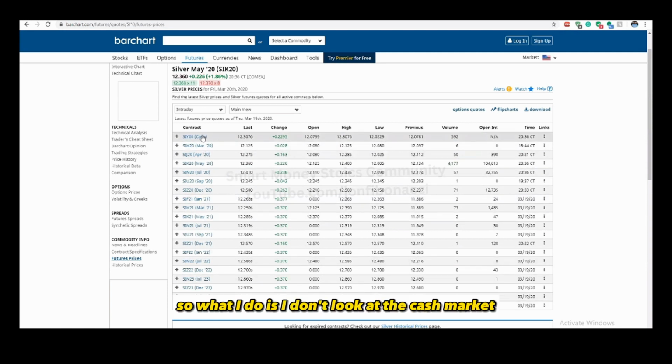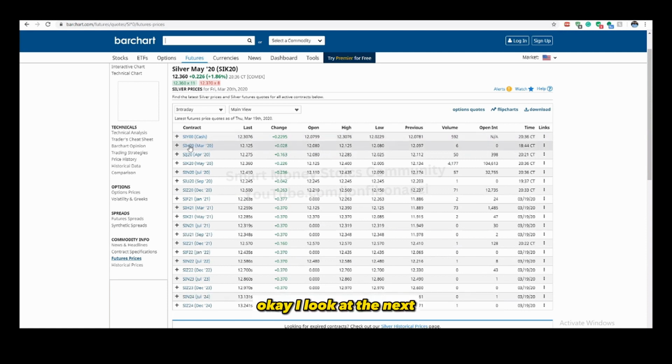So what I do is I don't look at the cash market. Okay, I look at the next delivery month, or on TradingView, it would say continuous contract in front. So again, it's not the first one, it's the second one. Okay, for March of 20, because we're in March right now. So next month, once March is over and it's April 1st, April Fool's Day, April would be right here.